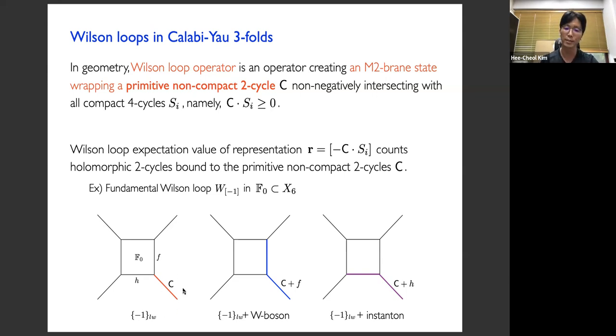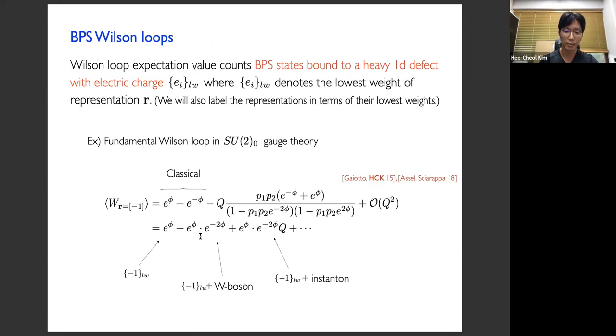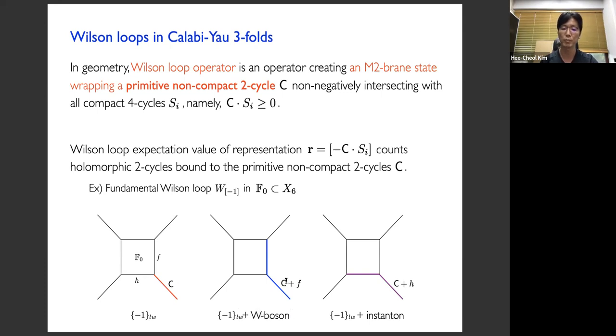So the lowest weight state is simply this red line wrapping this curve C, and the second state in this expression in the field theory corresponds to the bound state of C plus the fiber class in geometry. And the instantonic state comes from another non-compact two cycle, which is a linear combination of this primitive curve and the base curve H, and so on. So this is a geometric interpretation of the states we count in the Wilson expectation values.